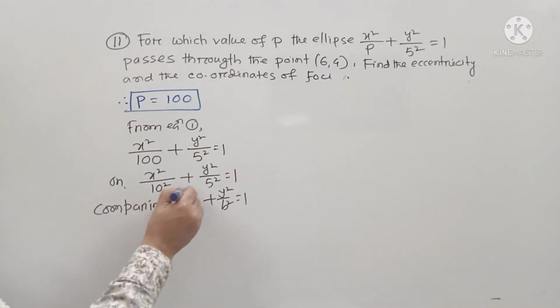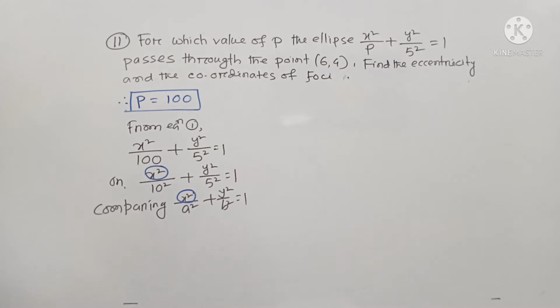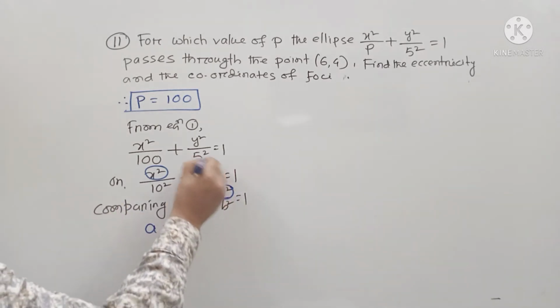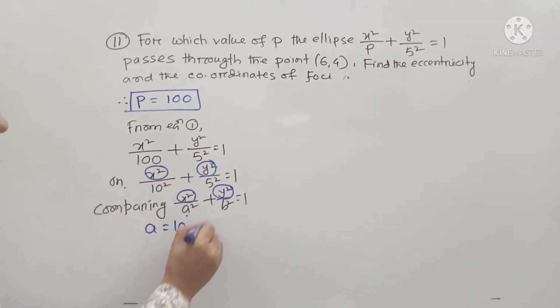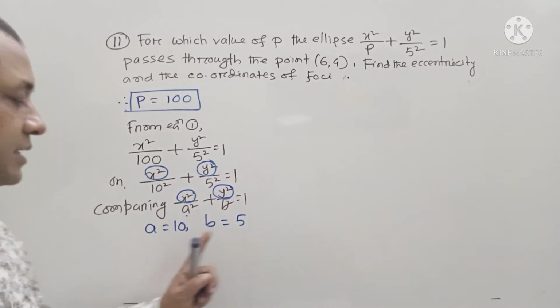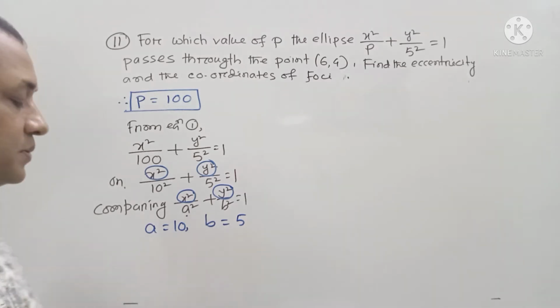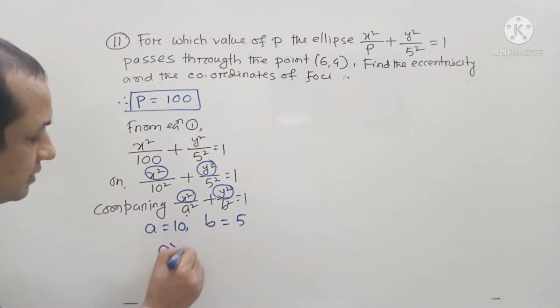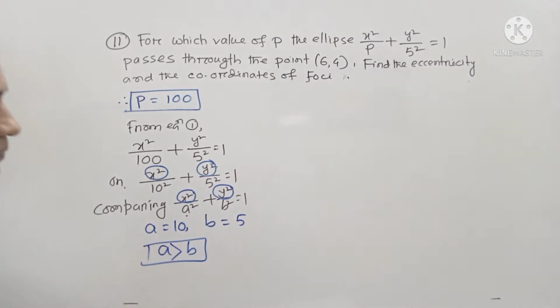Now here x square is the same, so a square equals to 10 square, then a equals to 10, and here y square is the same, so b square equals to 5 square, then b equals to 5. Here 10 is greater than 5, so here a is greater than b.